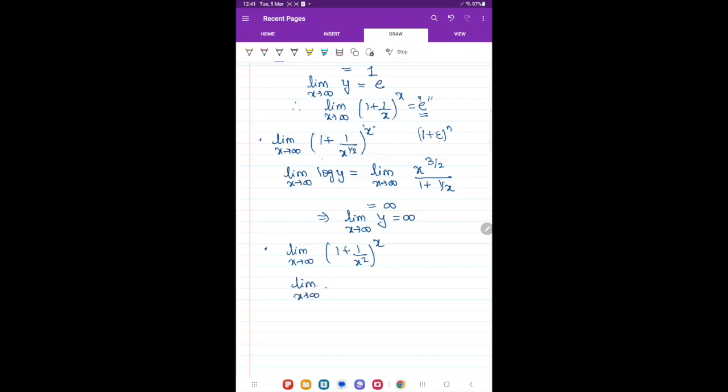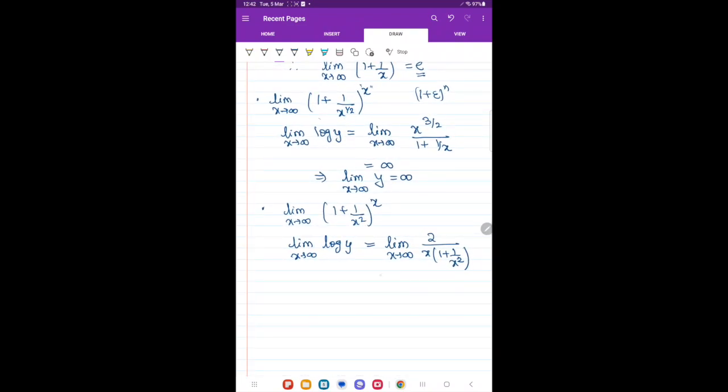Again using the similar method, limit x tends to infinity of log y must be equal to limit x tends to infinity of something like 2 by x times 1 plus 1 over x square. Using L'Hospital's rule again, I will get this, and this I get 0. Log y is 0 when y is 1, therefore limit x tends to infinity of y is 1. So it is approaching 1.